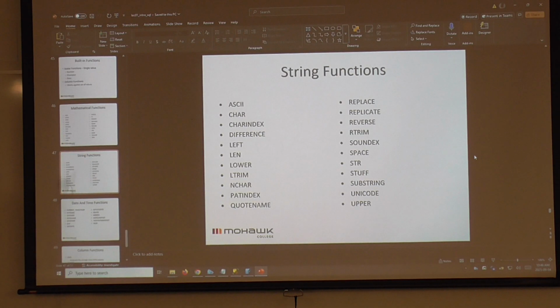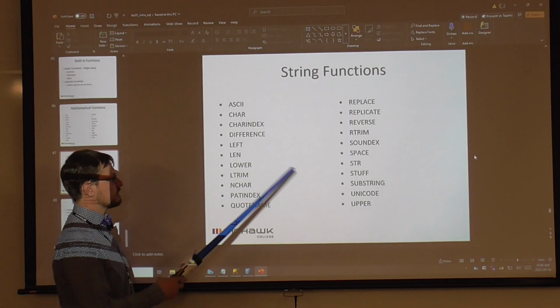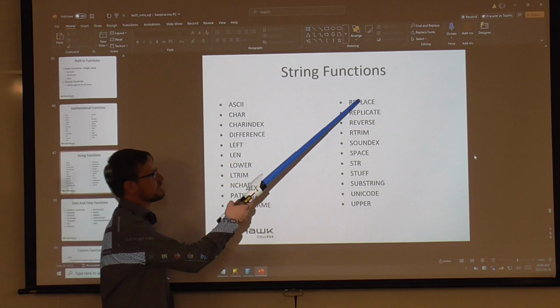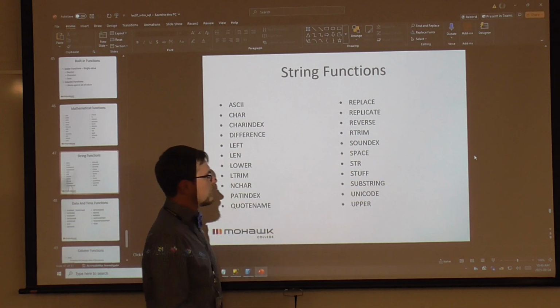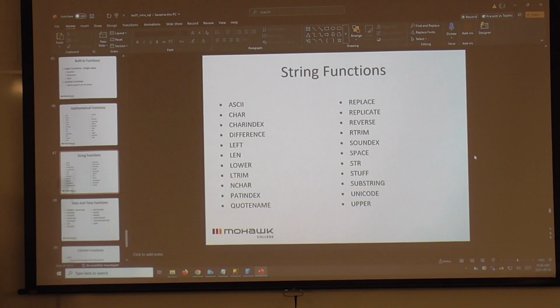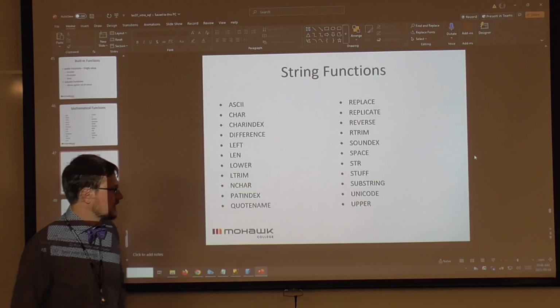You also have a large number of string functions. Left trim, right trim, Unicode, character index, character, replace, replicate, reverse. All of these are operations that you can perform on strings. They will have analogies to some of the string operations that you used in Java, but some of them will be a bit more specific.